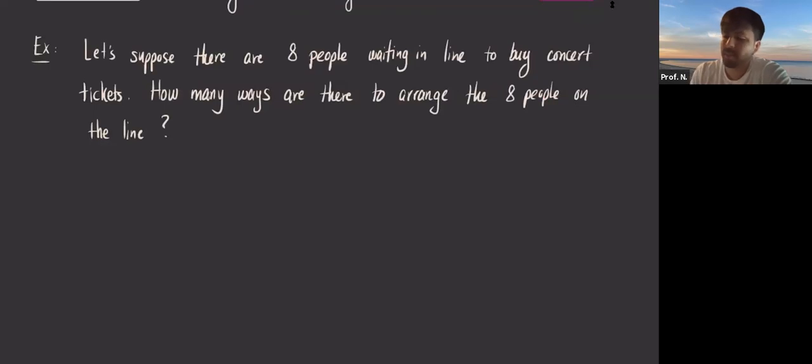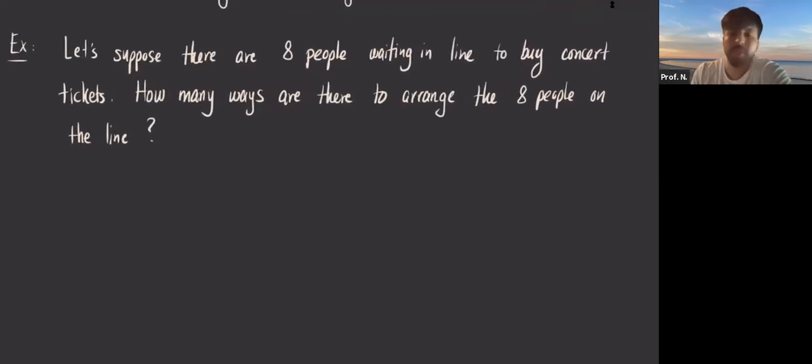So again, this is a simple example. We have 8 people waiting in the line. And then someone says, how many possible versions are there of this line with 8 people? And can anybody think of how to do this, given the fact that we talked about the principle of counting?